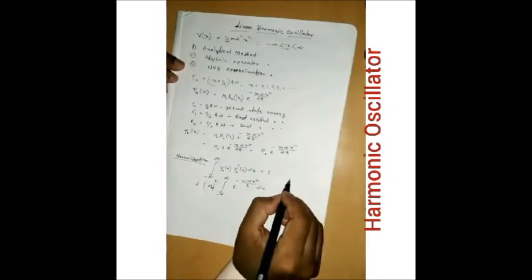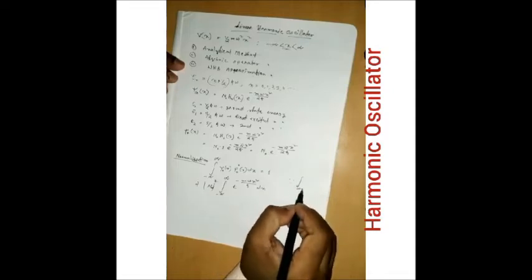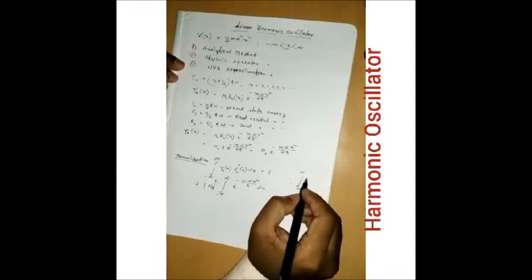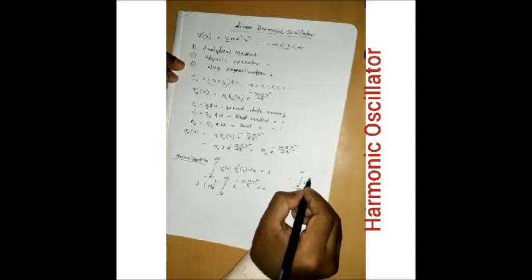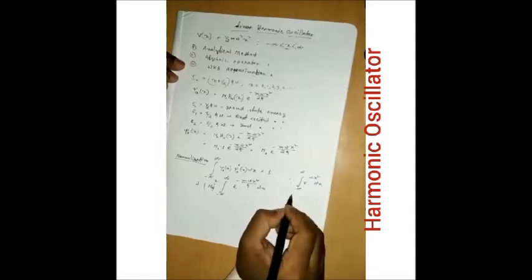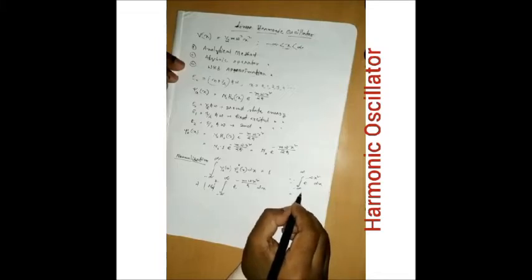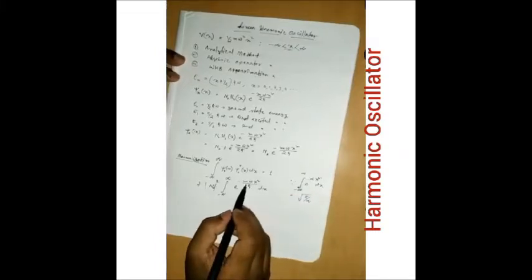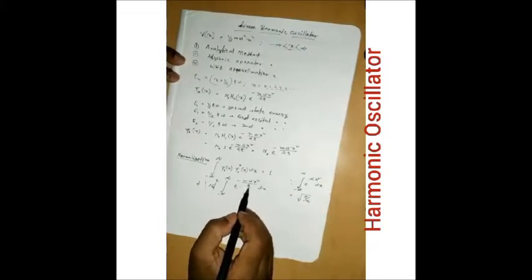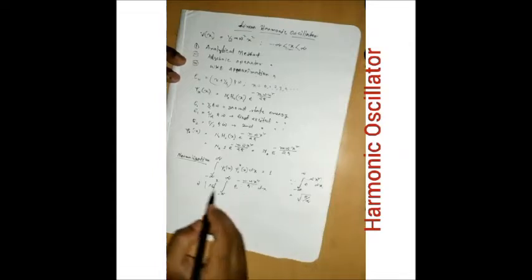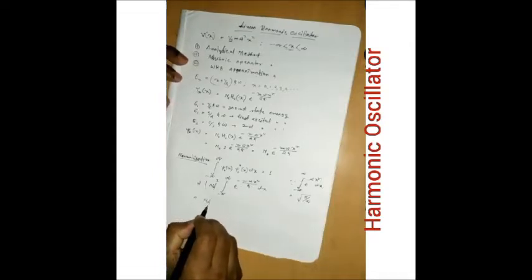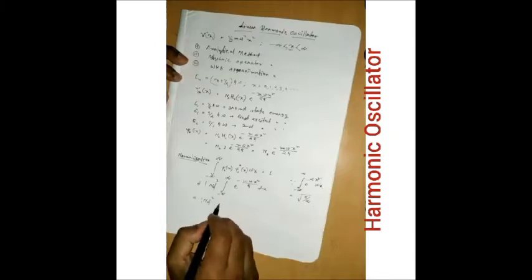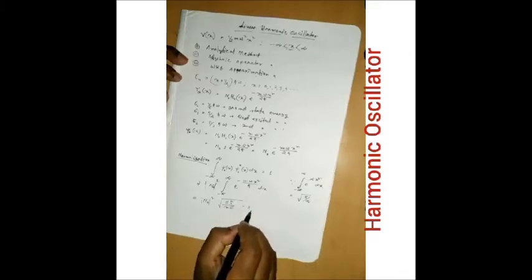Since you know the integral from minus infinity to plus infinity of e to the power minus αx² dx is the square root of π upon α. Here if you compare, α will be mω upon ħ. So directly one can find N0 squared, and this value will be the square root of πħ upon mω, and that is equal to 1.